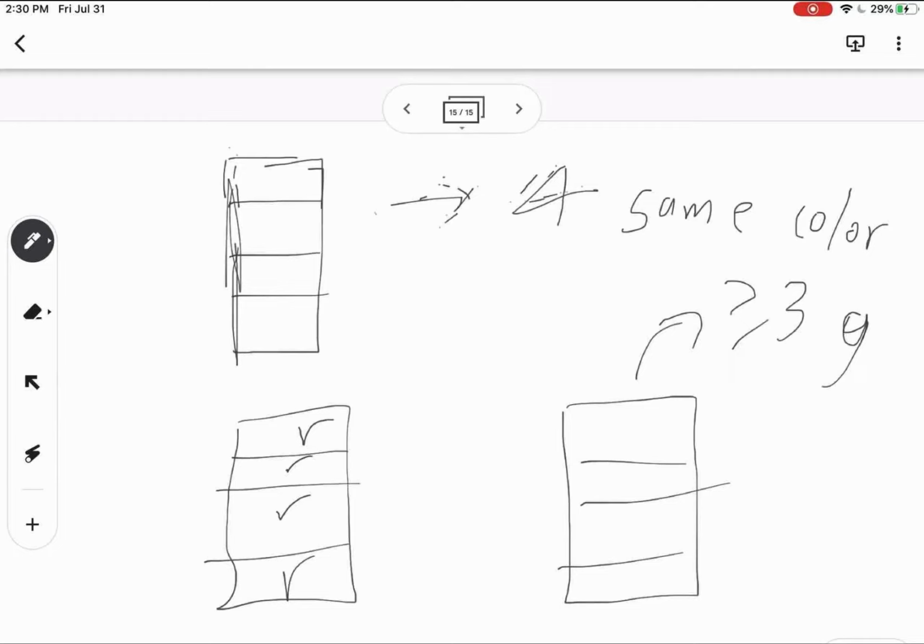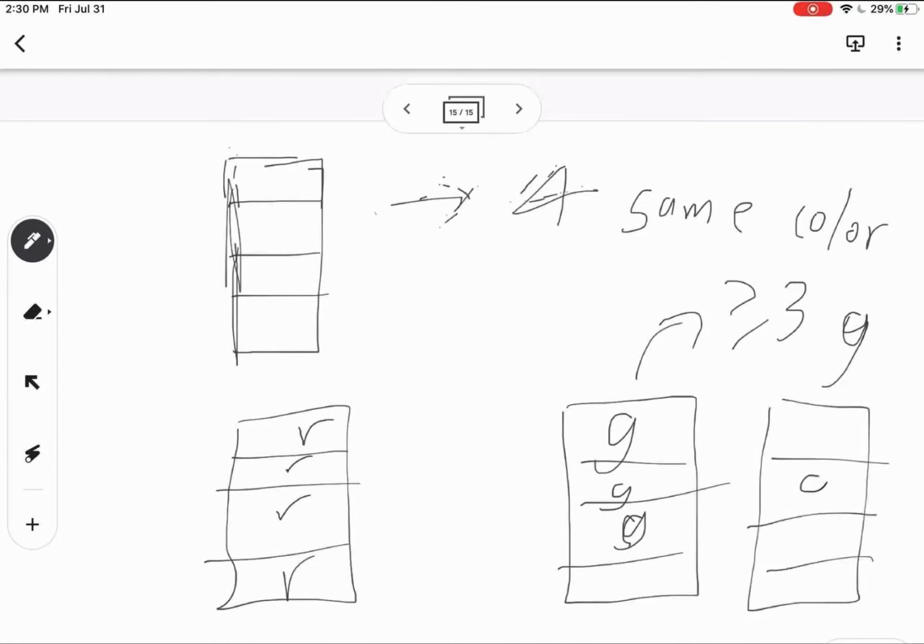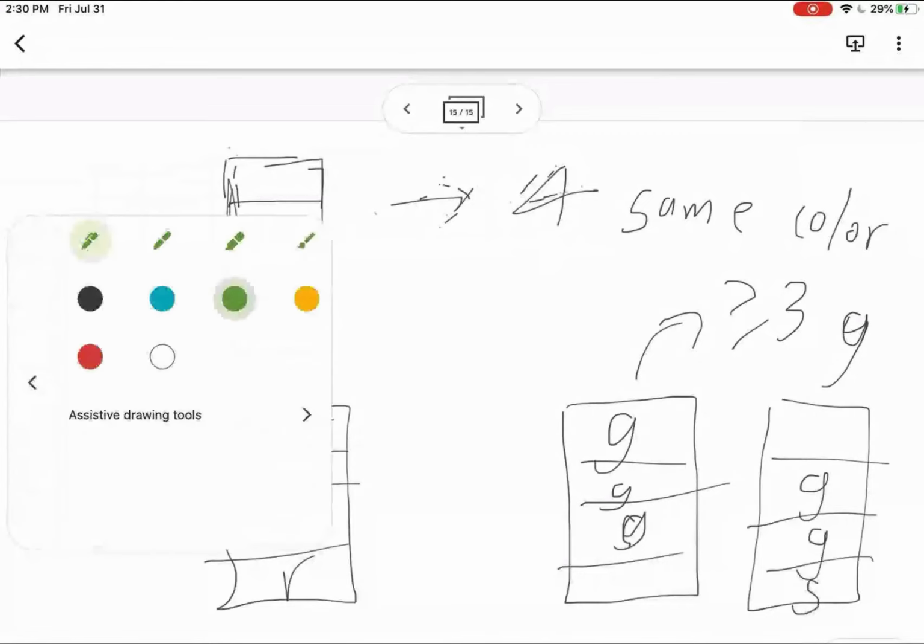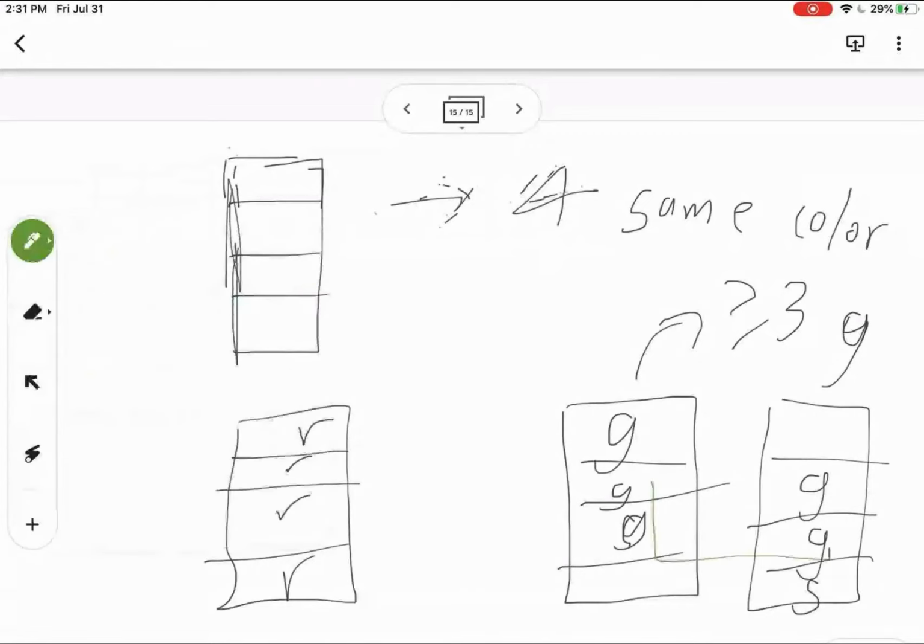Let's say we have 3 greens here, and another column, because we have 7 columns, that also has 3 greens. Let's say here, here, here. No matter where you place these 3 greens, you're always going to have a green rectangle. If you think about it, you always need to have a green rectangle, right?